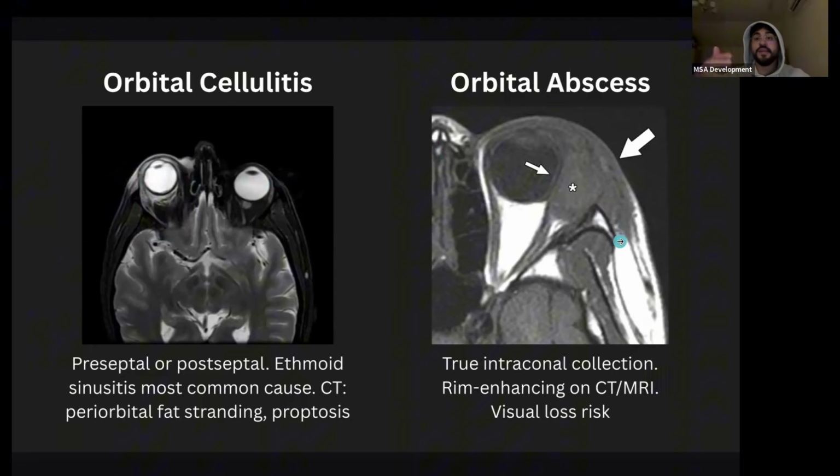And then from orbital cellulitis, you can also develop orbital abscess. Okay, orbital abscess, as you can see, is within the intraconal collection. So it's going to be a true intraconal collection, rim enhancing on CT and MRI. And because it's within the intraconal space, the optic nerve is there, so you can have visual loss.